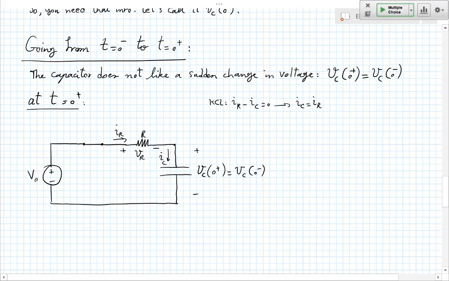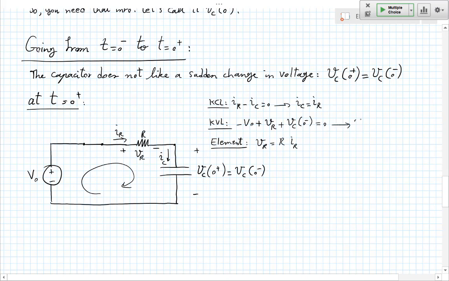Okay. So if I write a KVL here, I have minus V naught plus VR plus Vc of 0 minus equals 0. And element relationship, of course, we know that VR is R times IR. So from here you can simply calculate VR because it's V naught minus Vc of 0 minus.